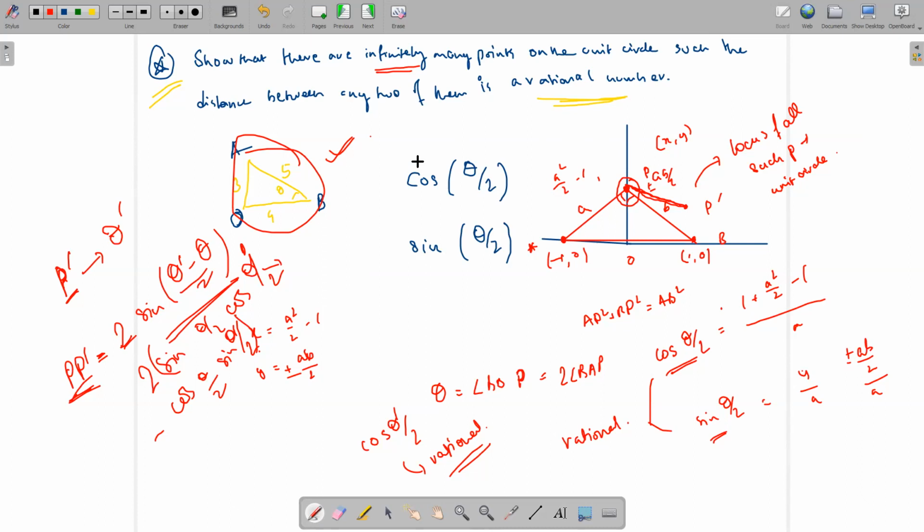You have to have the distance between any two of them to be rational, right? So when you have 1 point on the circle, you can generate 2 points with a rational distance. That is fine.